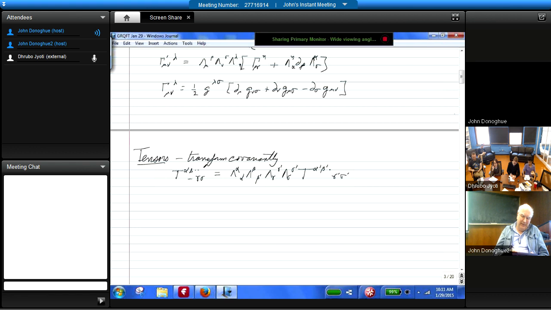Basically all the indices transform the right way, with this thing being lambda of x.